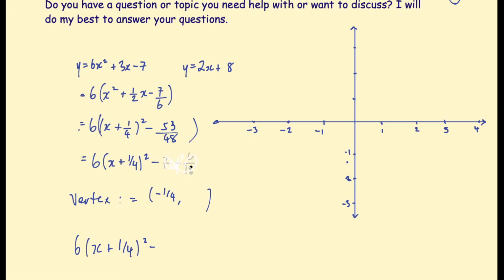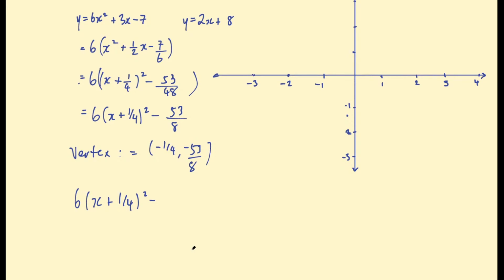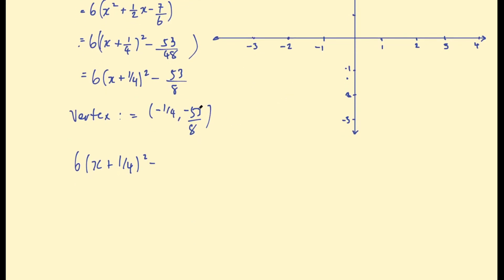And then we multiply by 6. This is 53 on 8. Okay. So this is negative 53 on 8. All right. Here we go. So now we want to let this equal 0.